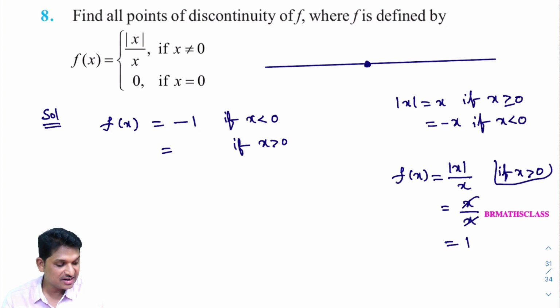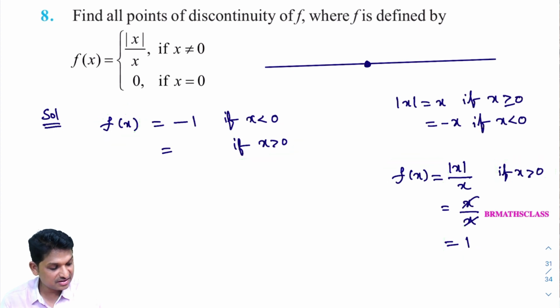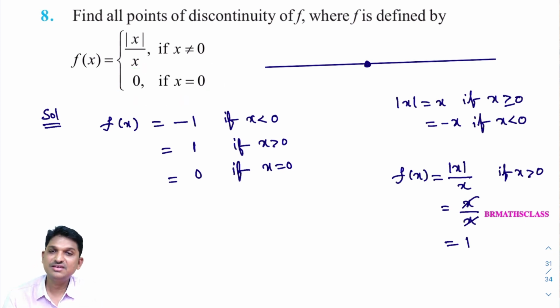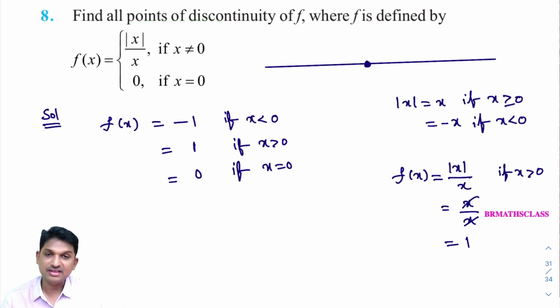So when x is greater than 0, f of x is 1. I hope you are understanding. Writing this part is important, and the function is 0 when x equal to 0. This is already given in the question. This is the important part. In the given function modulus x is there. That's why I rewrote these things to get this.